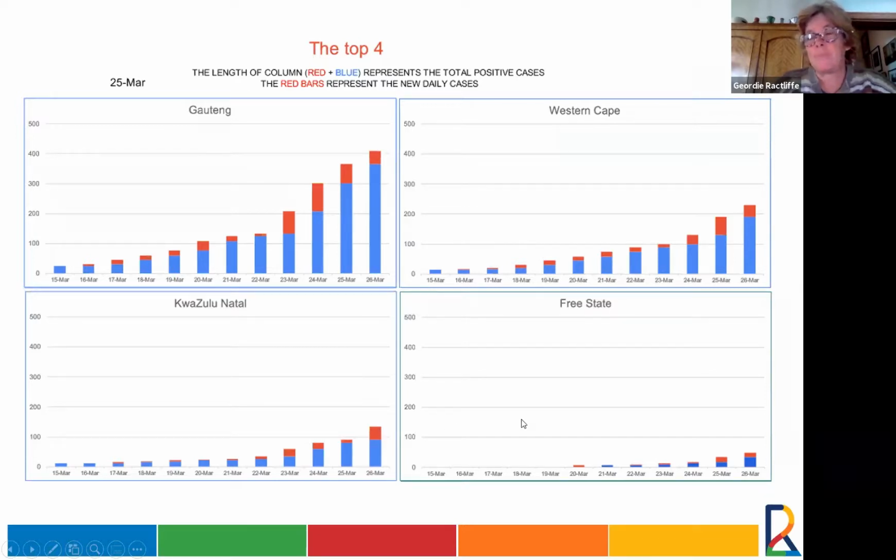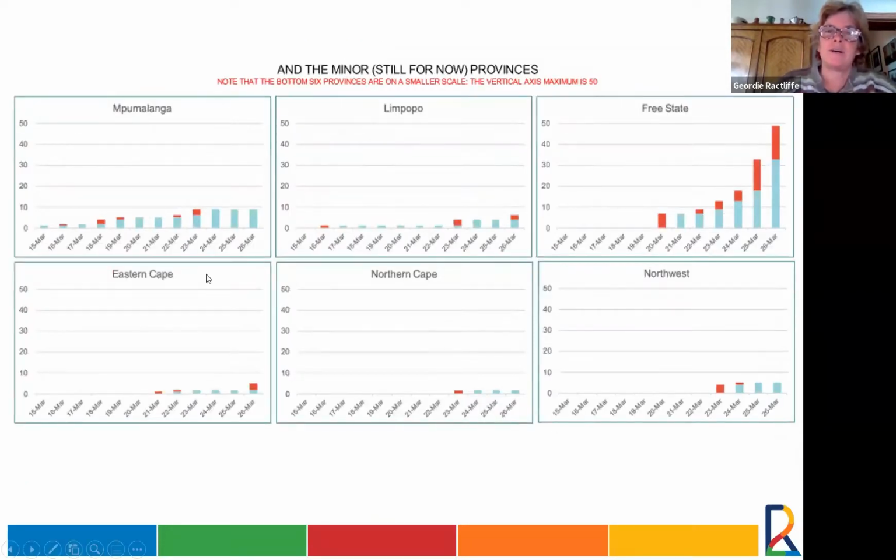So the bulk is in our most densely populated province, Gauteng. And then these are the minor provinces for now. With the Free State, you can see a highish number, up to around 50, all related to the foreigners coming in for a big Christian prayer service on about the 6th of March.